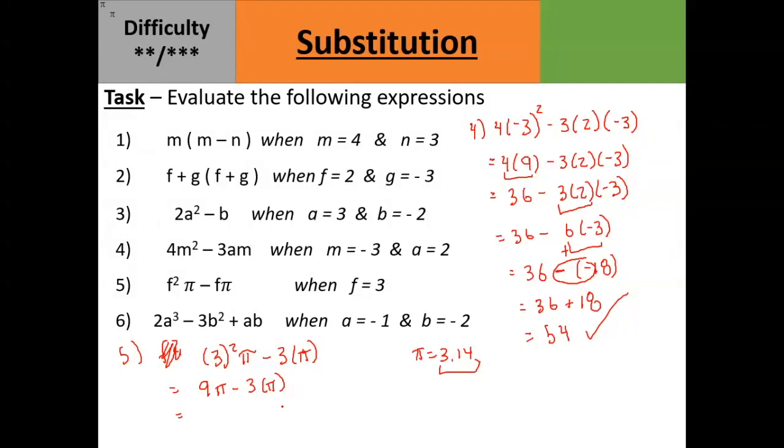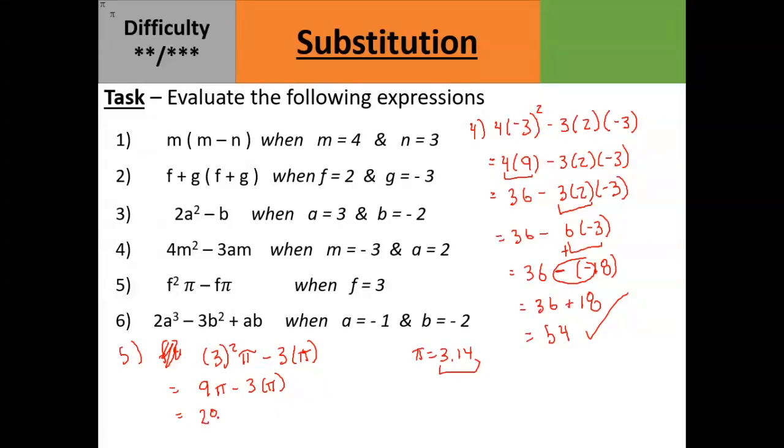Depending what calculator you're using, you might have to use the shift key. Does everybody see pi on their calculator? Or you can just use 3.14 if you want. Oh, I see pi. Okay. So you're going to hit 9 times pi.